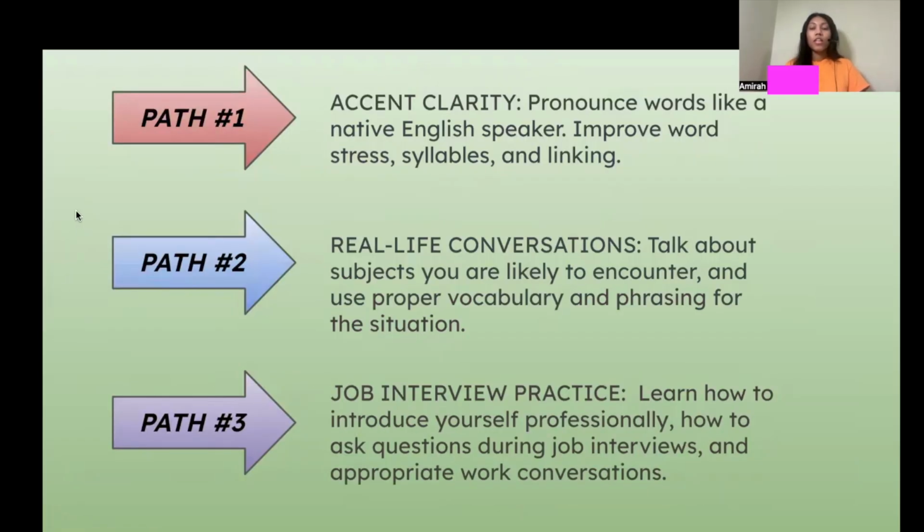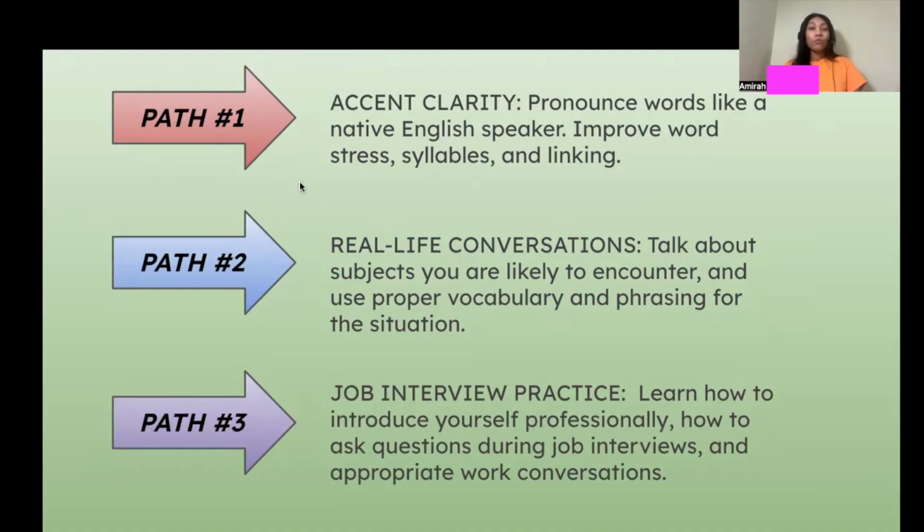So next, in my class, there are 3 different paths that students can take. Path number 1, which is accent clarity. So pronounce words like a native English speaker, improve word stress, syllables, and linking.